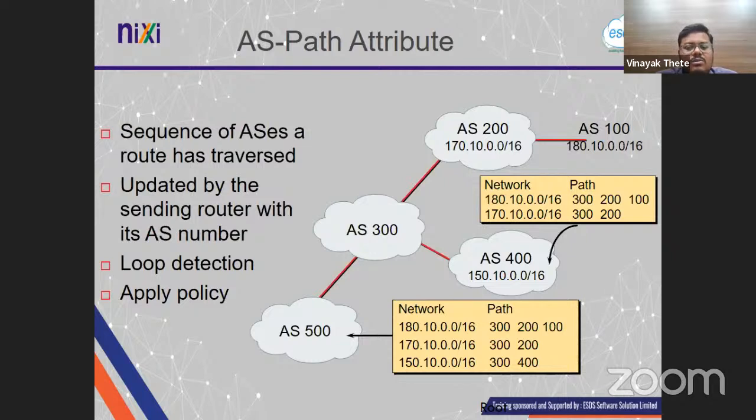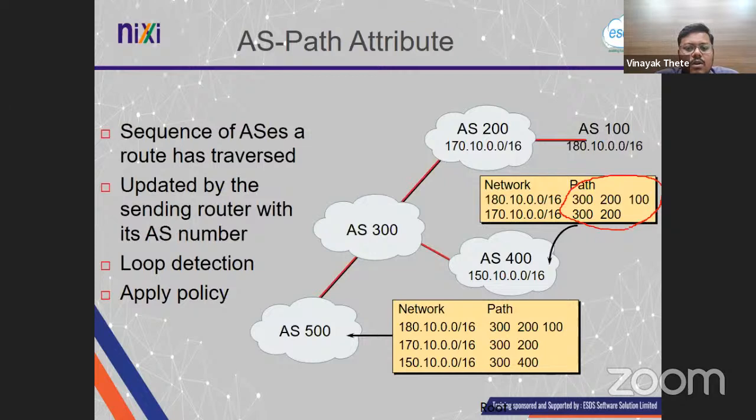So the AS path attribute is the list of AS numbers that the route traverses, the sequence of ASes from source to destination. If there are 10 external AS numbers between source and destination, you will get that information in the AS path.